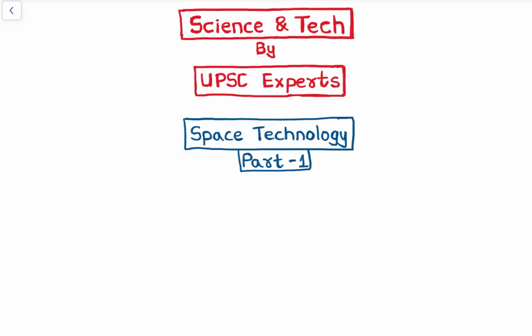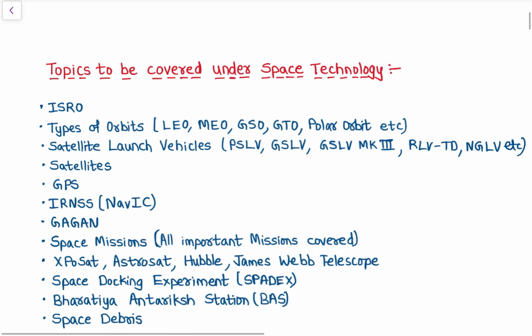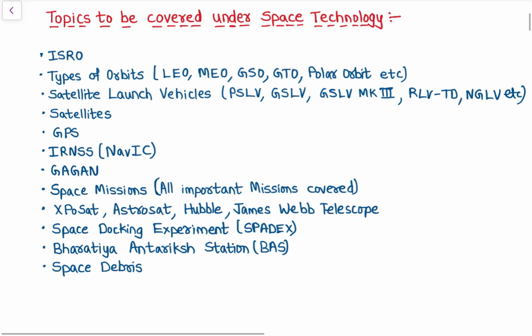Now we'll be dealing with space technology. This is part 1 of space technology. These are the topics we'll be covering under space technology. We'll be talking about ISRO and all the other organizations, basically the evolution of Indian space institutions.